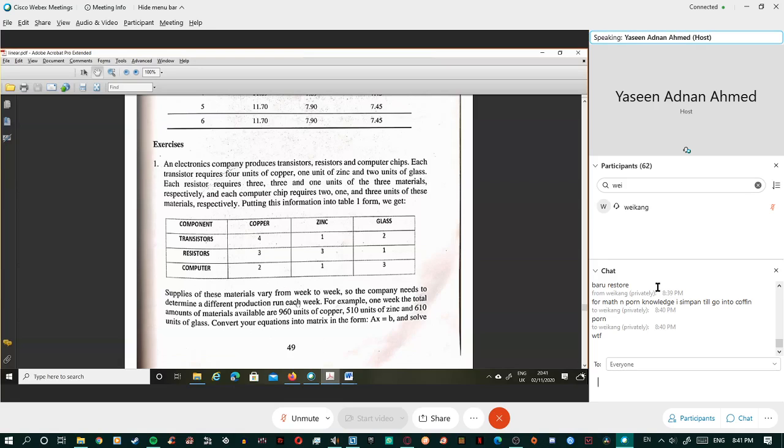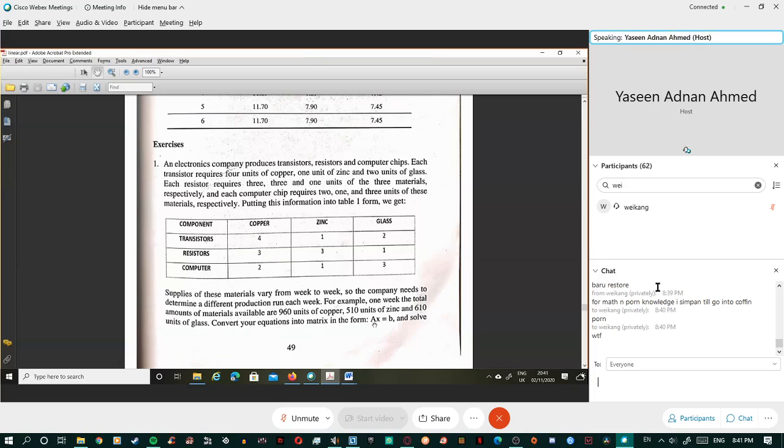For example, 1 week the total amount of material available are 690 units of copper, and then 510 units of zinc, and 610 units of glass. Okay, so you can see the column. The summation of the copper is 960, summation of zinc is 510, and summation of glass is 610.